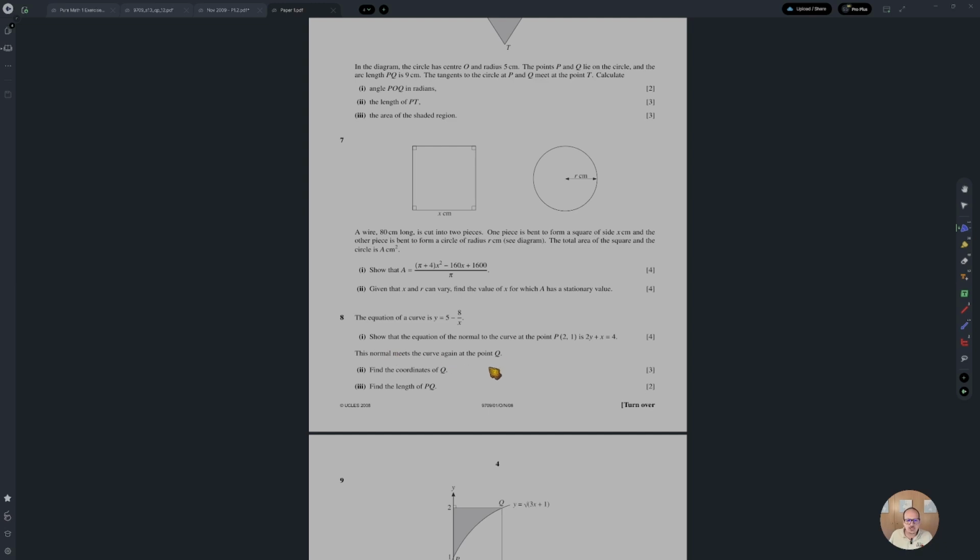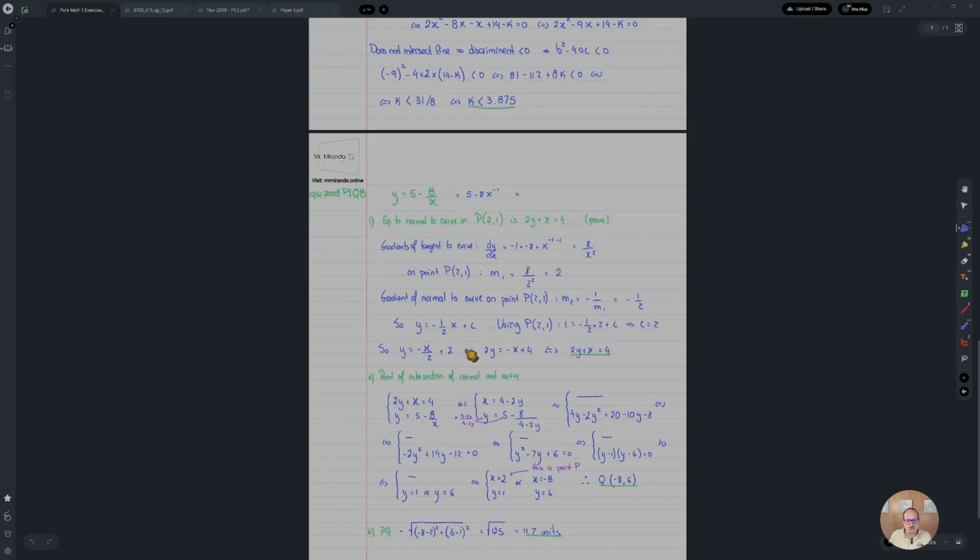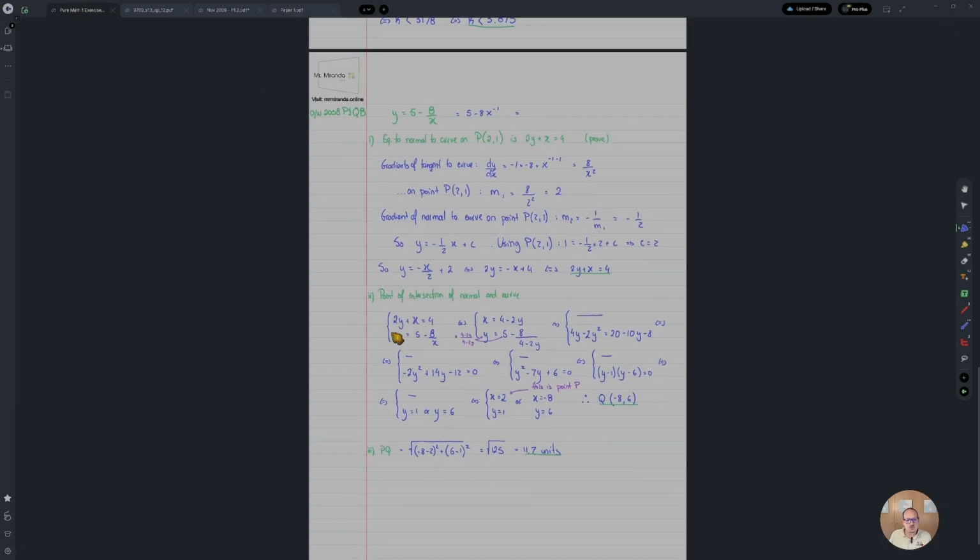Again, we are being asked to get points of intersection of a line and a curve. You already know the equations of both. So in this case, I used simultaneous equations to get the coordinates. What did I do here? I solved this in terms of x, plugged this over here, then got the same denominators as 4 minus 2y.